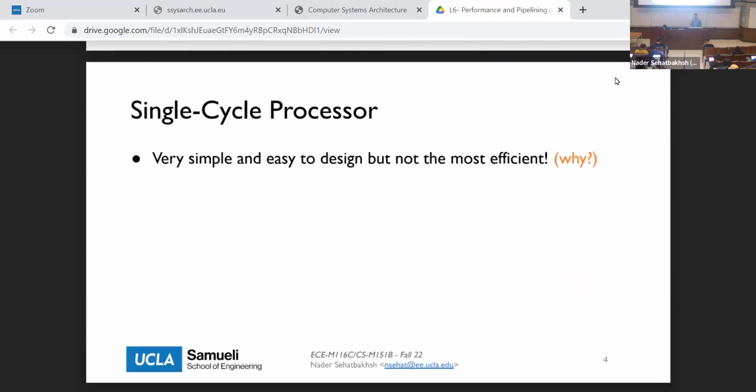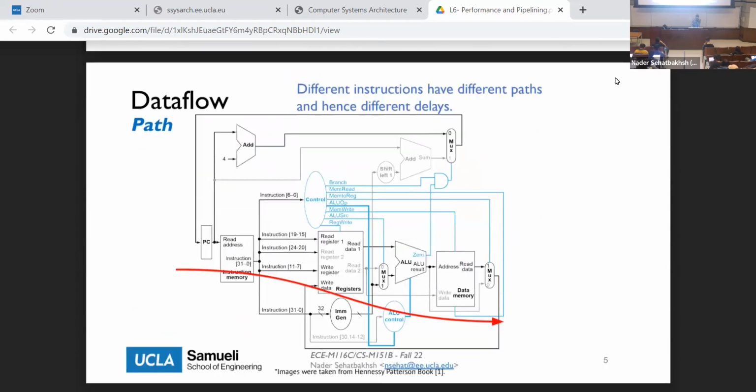The last thing that we discussed last lecture was that single cycle has this problem that it's very simple, but it's not very efficient. By efficient, we mean that if we look at the time it takes for each individual instruction, that time is not the same for every instruction. If you start working on your homework, you've seen that for store versus load versus R type versus I type, you will see different timing for each instruction.